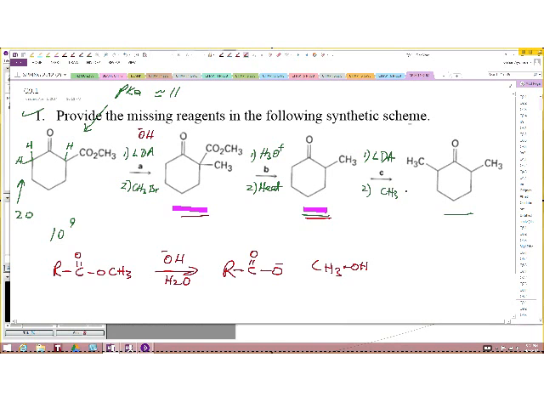Because the LDA will selectively deprotonate this hydrogen here, because it's more bulky than any other base, than the hydroxide, for example. Okay, because of steric hindrance.